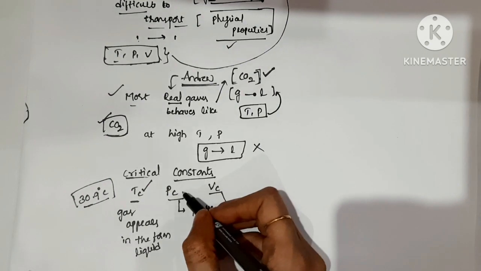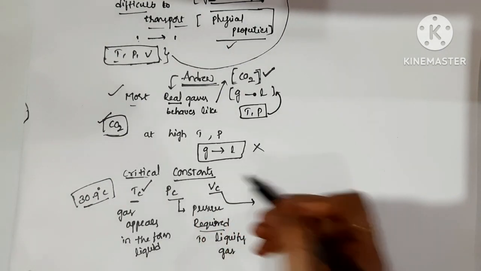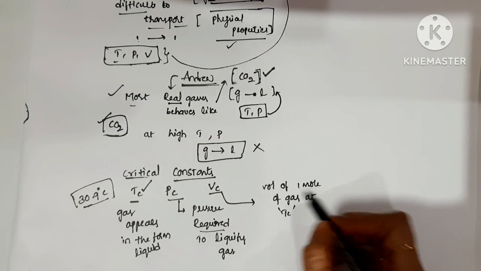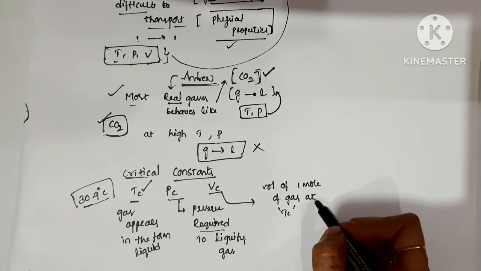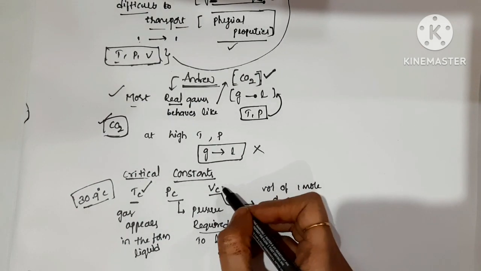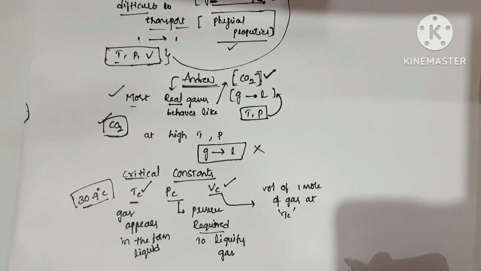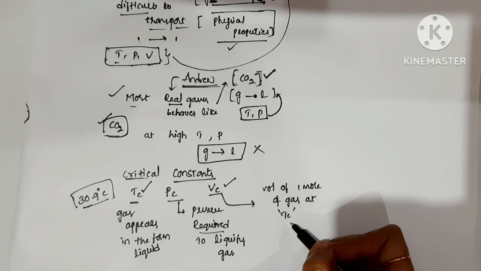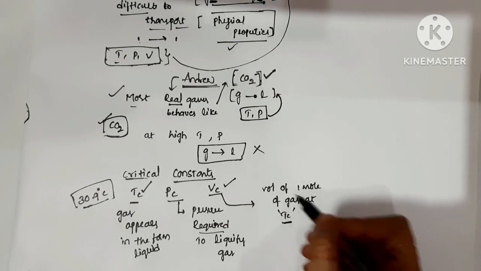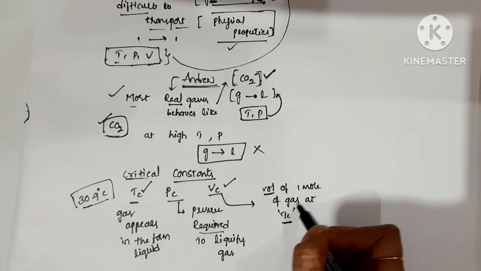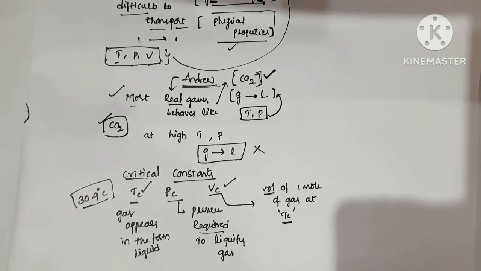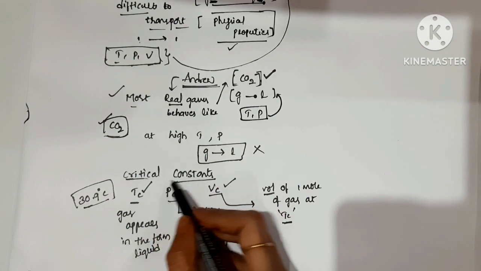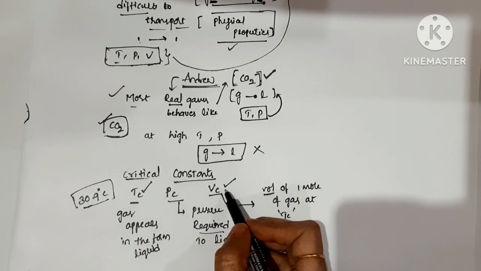Coming to the critical volume: the volume of 1 mole of gas at critical temperature is the critical volume. So critical constants are three: critical temperature, critical pressure, critical volume, right?